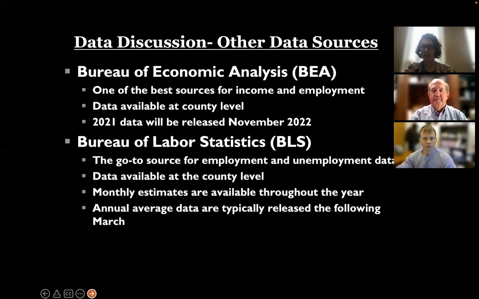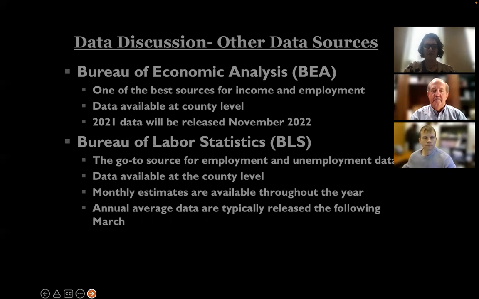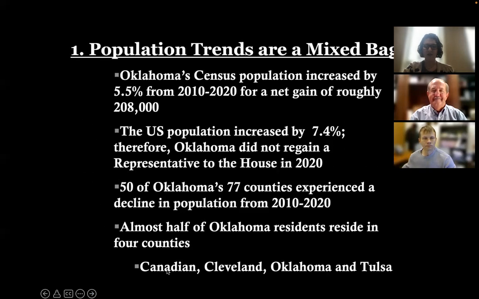Also, the Bureau of Labor Statistics is the go-to source for employment and unemployment data. We're able to get annual data as well as county level data and monthly estimates throughout the year. And so those are two of our other really good national sources to go to. So with that said, I will turn it over to Dr. Woods.